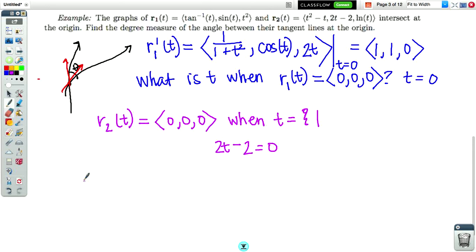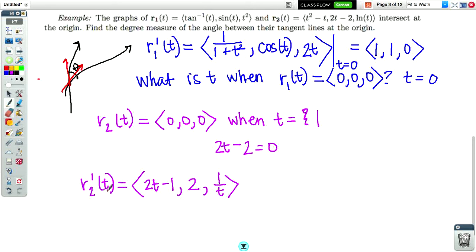So now that I know that, let's differentiate this vector. My first component when I differentiate is going to be 2t minus 1. My second component is just 2, and then the derivative of ln of t is 1 over t. So here's my derivative vector.